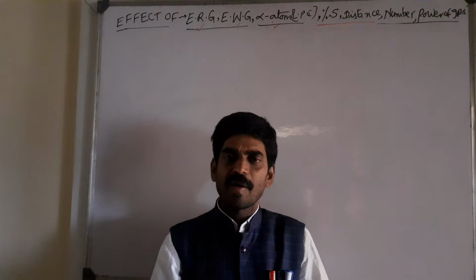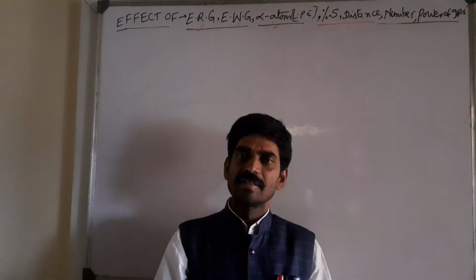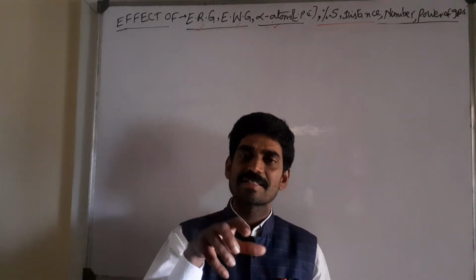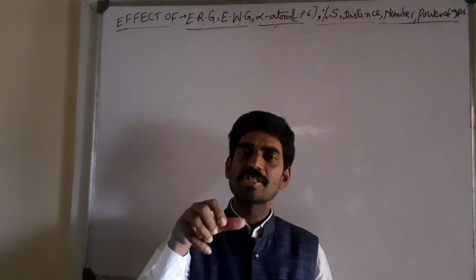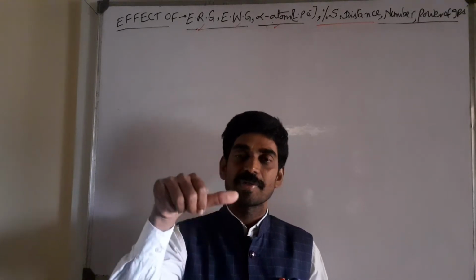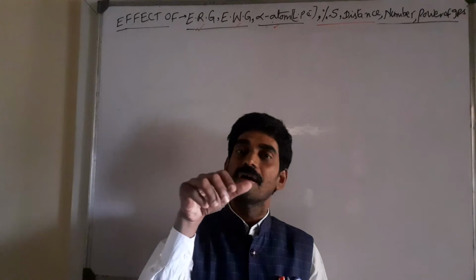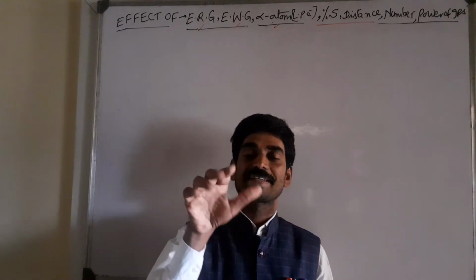Right. About all these concepts, I am going to give a crystal clear explanation, very easy to understand and retain in our mind, and easy to choose the correct answer without confusion in the examination.